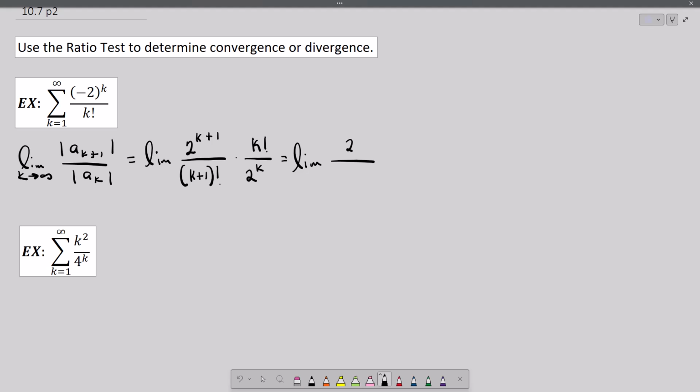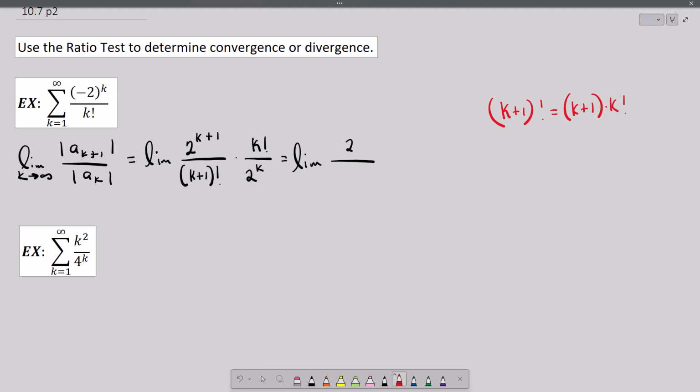Now let's focus on the factorials. What's k factorial over k plus 1 factorial? Remember that for k plus 1 factorial, we do repeated multiplication by subtracting 1.